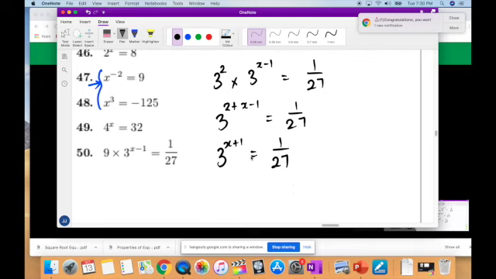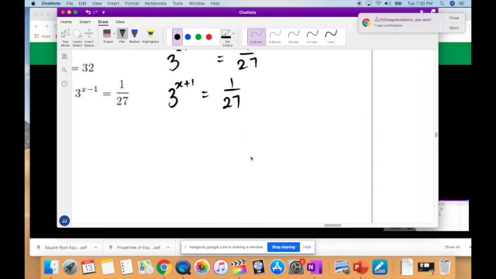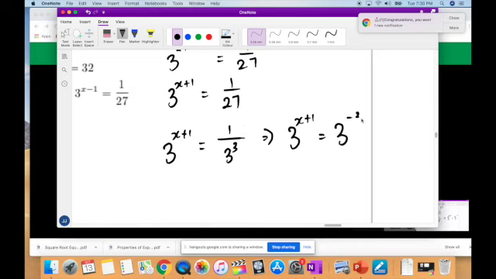Can 27 be expressed in terms of 3? 3 3s are 9, 3 9s are 27, right? So 3 to the power of x plus 1 is equal to 1 all over 3 cubed. I could use my laws of indices to say that 3 to the power of x plus 1 is equal to 3 to the power of negative 3.